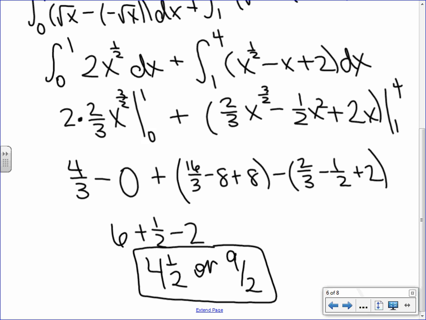Let's try a little bit of work. Now, what we haven't done, ever since we've been integrating with respect to x with our vertical rectangle, what if we made horizontal rectangles?